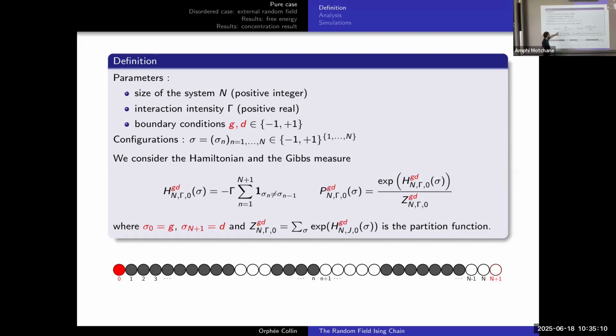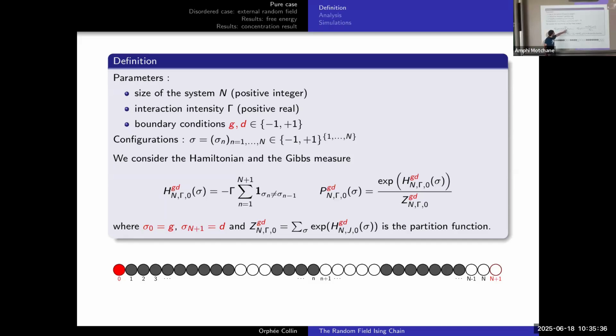So we define the measure to be this Gibbs measure, proportional to the exponential of the Hamiltonian. Of course, we have to normalize it by what is called the partition function, which is the sum of the numerators. Here you see that the boundary conditions intervene in the sum.